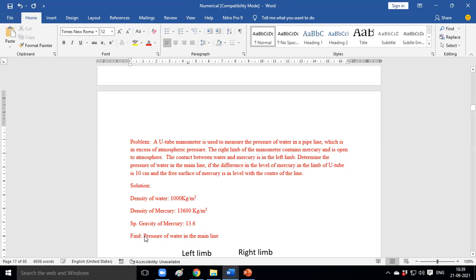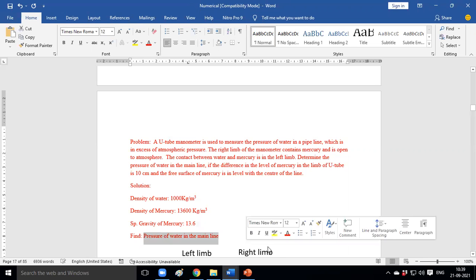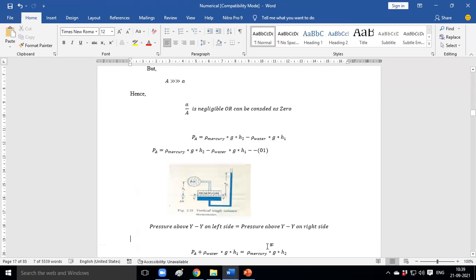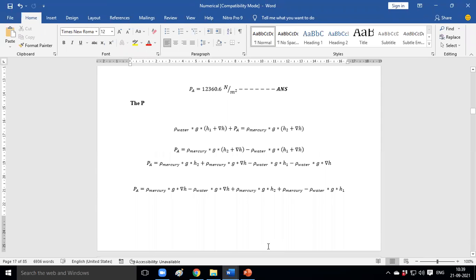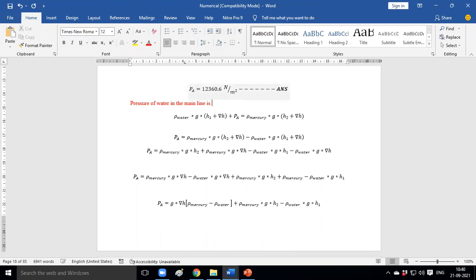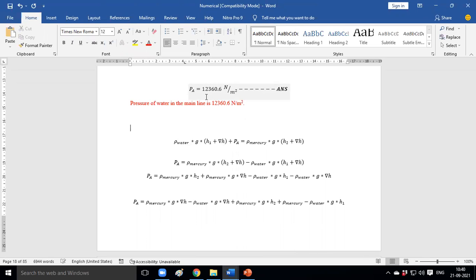Therefore, the pressure of water in the main line is whatever value we calculated, that is 12,360.6 Newton per meter square. Any doubt in this numerical? No, sir. So we get the answer for the first case.